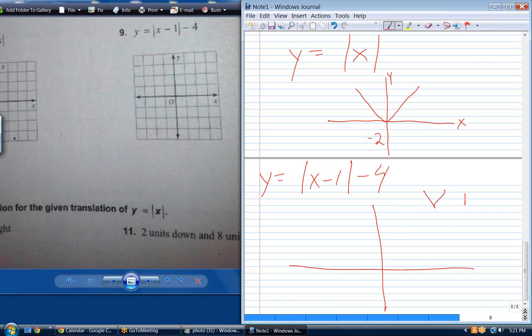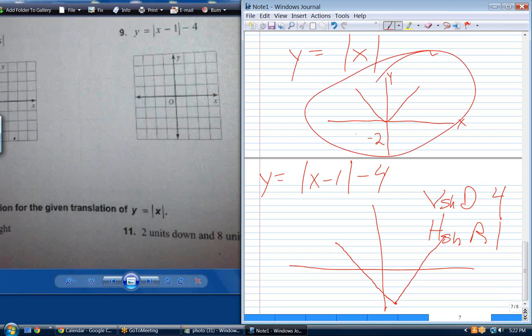And horizontally shifts right once. Beautiful. So now I can draw that. If I got to go right 1, down 4, that's where my vertex is. I got no changing of the shape. It's exactly the same shape as my other curve was. No making it skinnier or fatter.